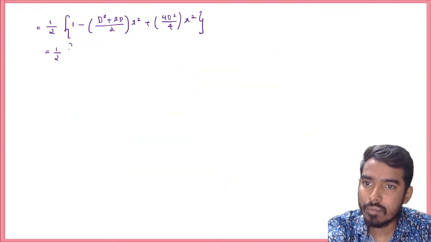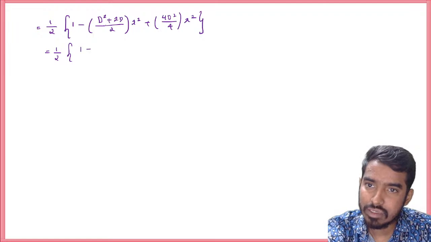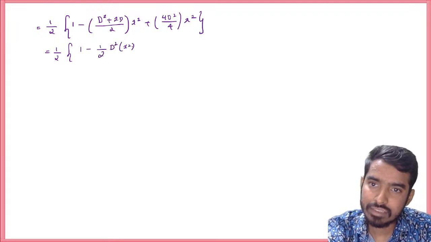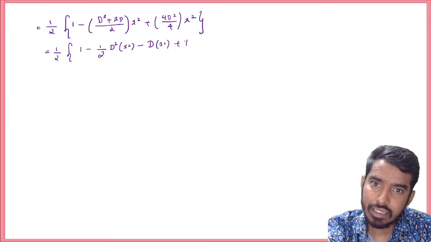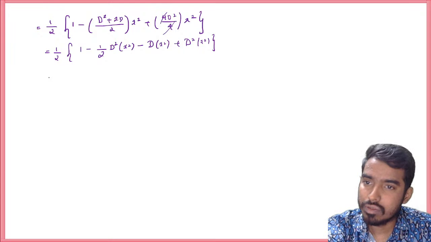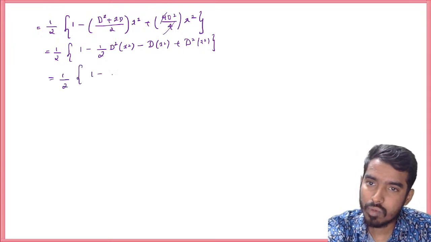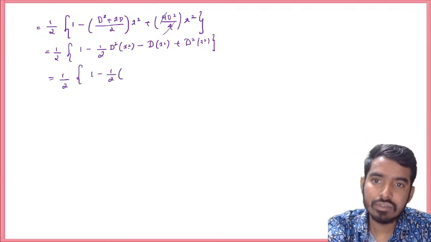This is 1 by 2 of 1 minus, multiply this x square inside. So 1 by 2, d square of x square minus 2 d of x square plus d square of x square, right? 4 will get cancelled. So this will be 1 by 2, 1 minus 1 by 2, d square of x square.